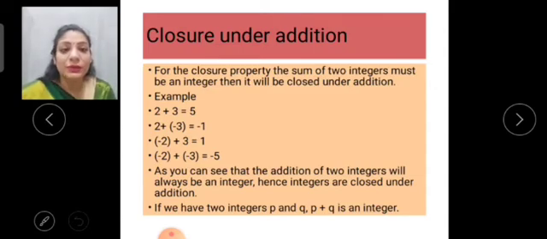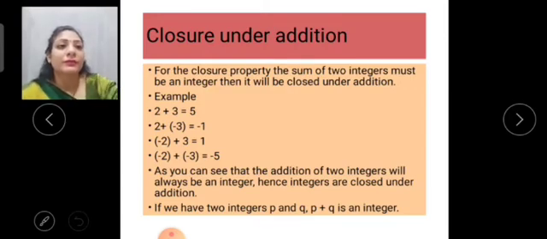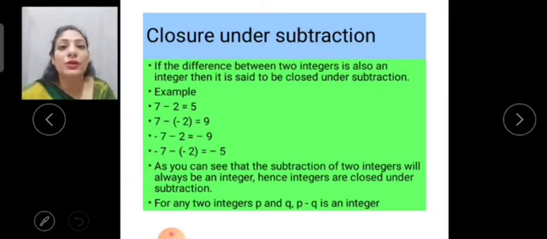Here are two other examples, you can see that the addition of two integers will always be an integer. Hence, integers are closed under addition. Now, closure under subtraction. If the difference between two integers is also an integer, then it is said to be closed under subtraction.